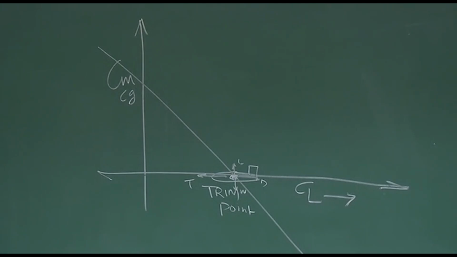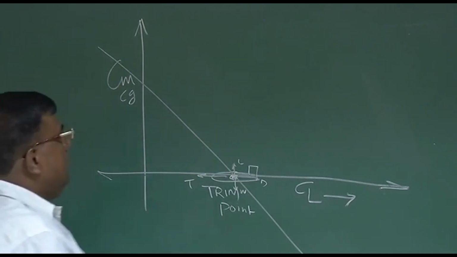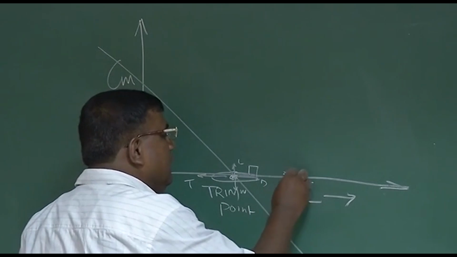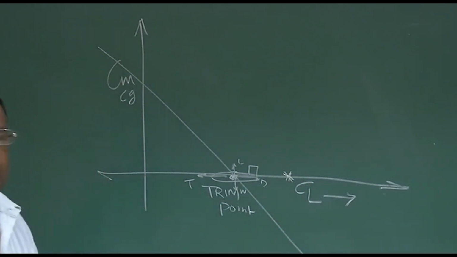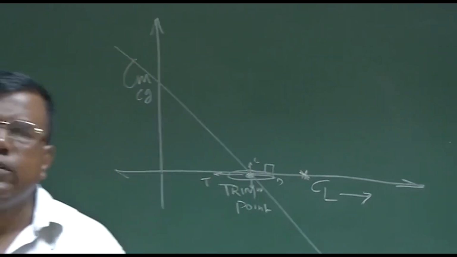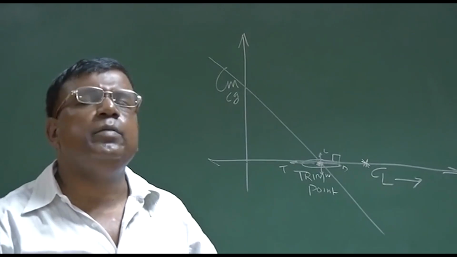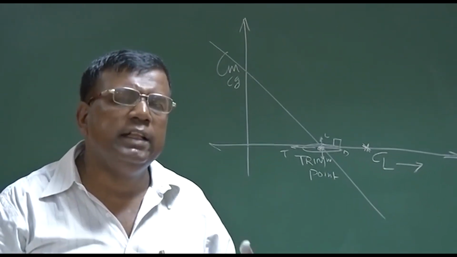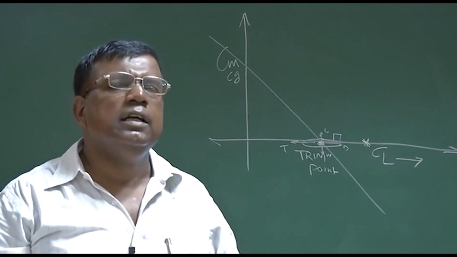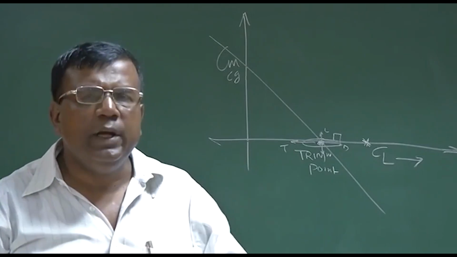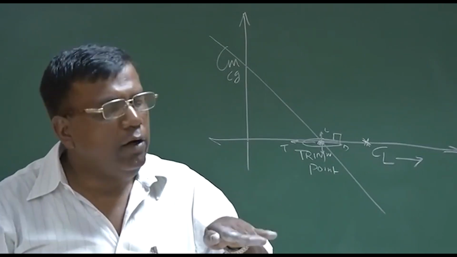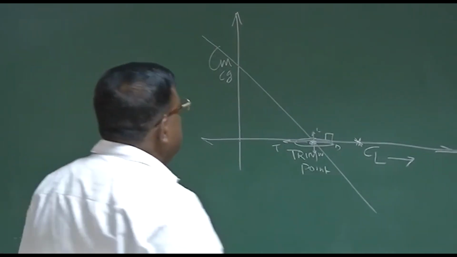Now there is a requirement that the aircraft should fly at a higher CL, still maintaining lift equal to weight. That means he wants to fly at a lower speed. To satisfy the lift equal to weight condition while flying at a lower speed, he has to fly at a higher CL or higher angle of attack. So this is the case here.